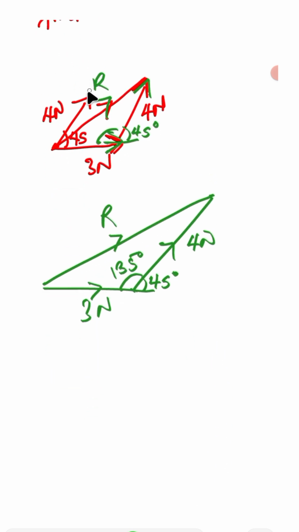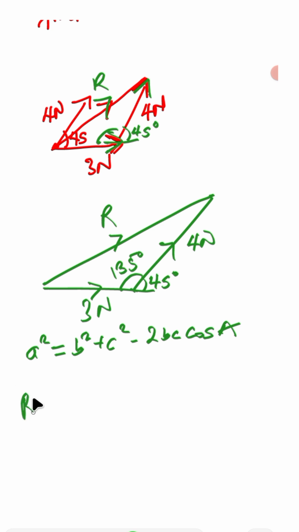The cosine rule is a squared is equals to b squared plus c squared minus 2bc cos a. Though there are no a, b, c here, 3 Newton can be taken as b. C can be 4 Newton, then a will be r. So the angle facing r will be 135. That will be this big A here. So I'll just say r squared equals 3 squared plus 4 squared minus 2 times 3.